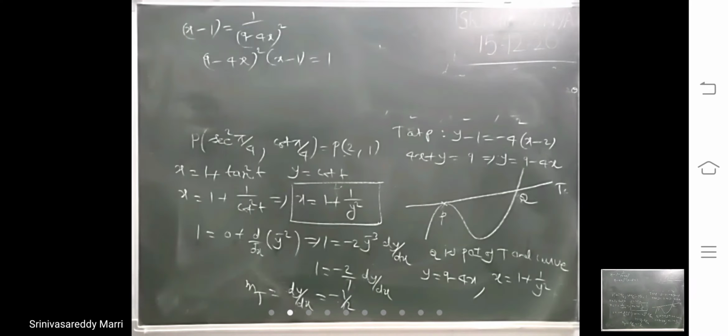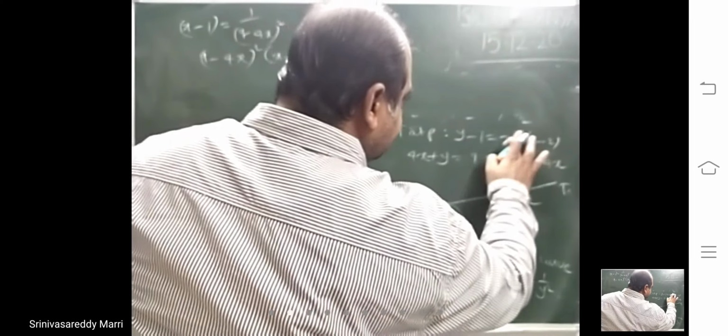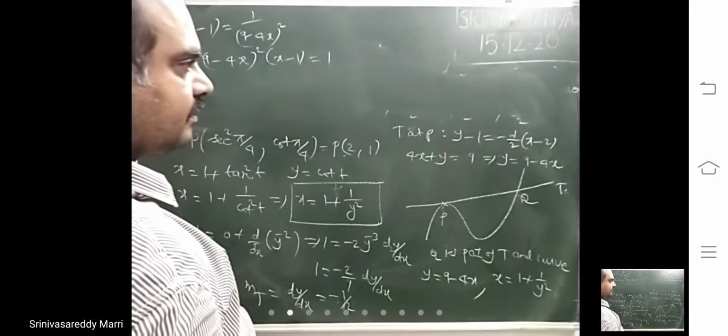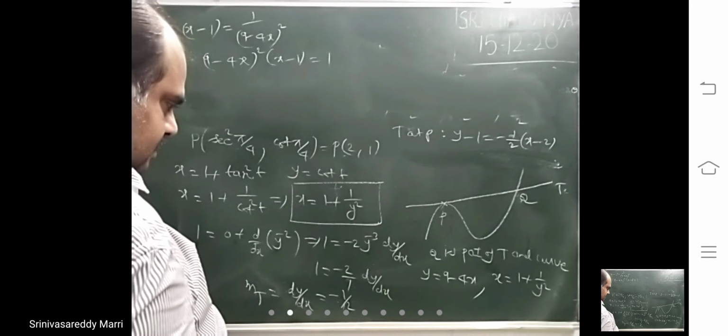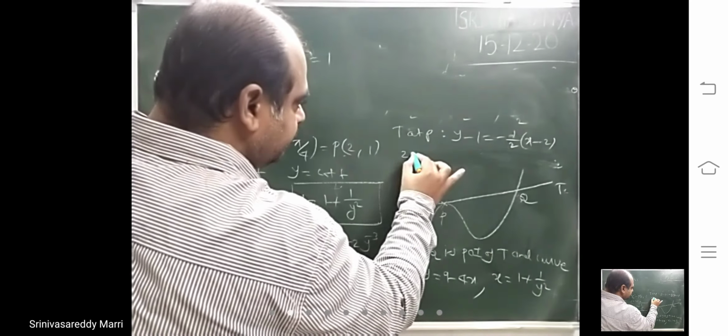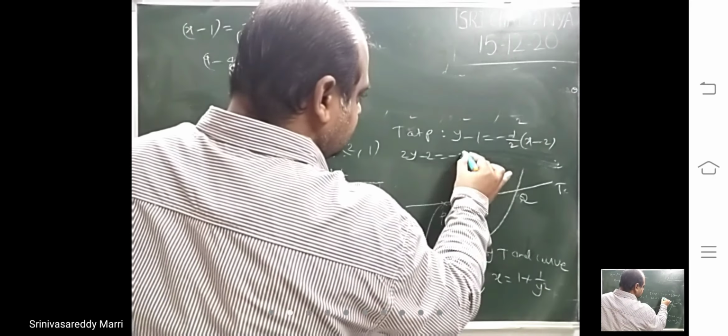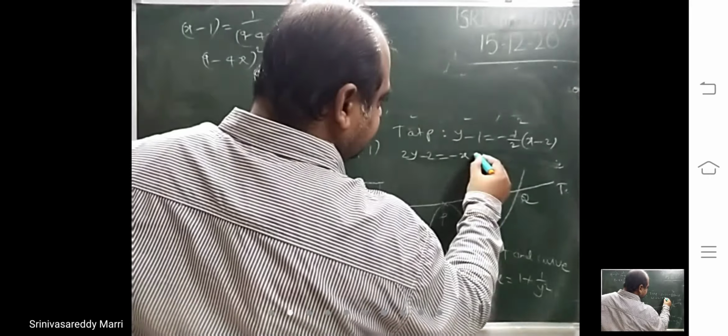Concentrate, all of you. So minus 1 by 2, 2y minus 2 equals minus x.